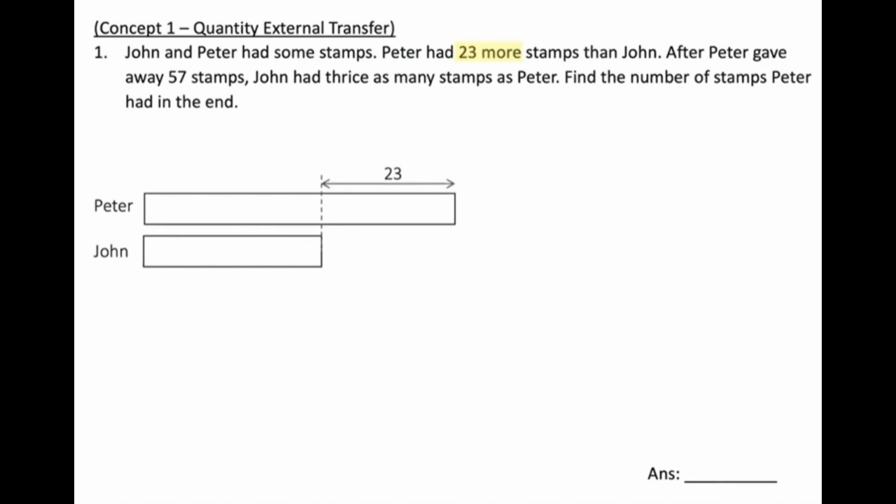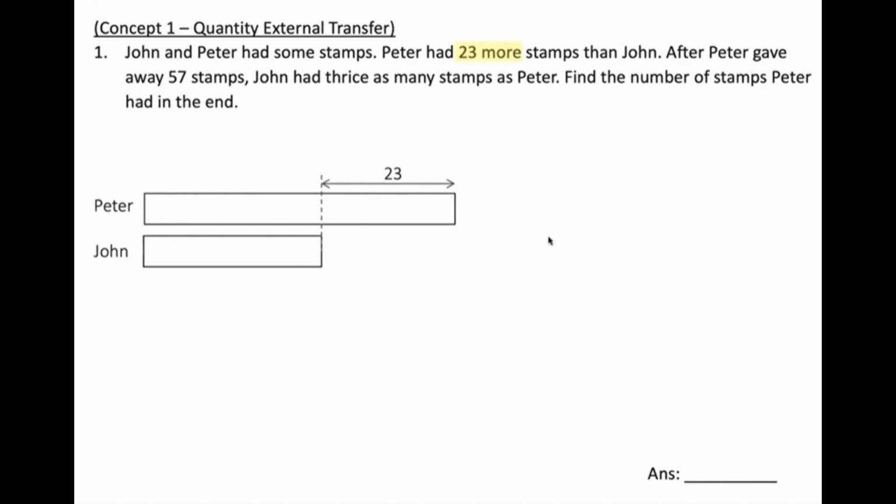Next, after Peter gave away 57 stamps, I'm going to shade away 57 stamps from Peter. And I know that if I shade 57 stamps from Peter, John will have twice as many stamps as Peter. Now, the question that many students ask is, how much should I shade from Peter?